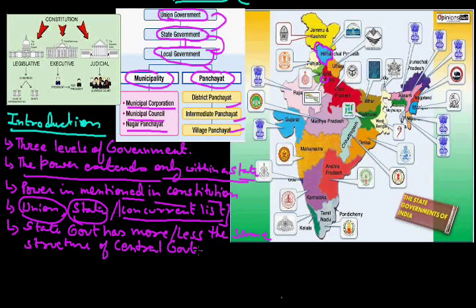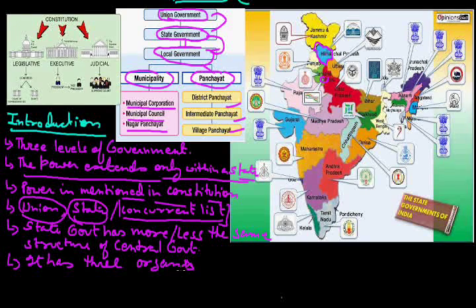The state government has more or less the same type of structure as that of the central government. It has three organs: legislative, executive, and judicial. In the central government, the legislature is known as Parliament, while at the state level it is known as the State Legislative Assembly or Vidhan Sabha.